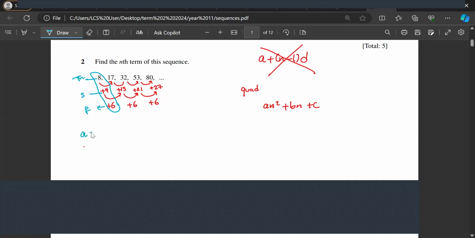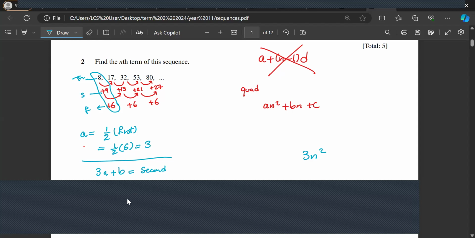How to get A? A is half the first number. So A is half multiplied by 6 equals 3. So I have here 3n^2. Then for B, I have an equation which is 3A + B equals the second number. So 3 multiplied by 3 + B equals the second number, which is 9.